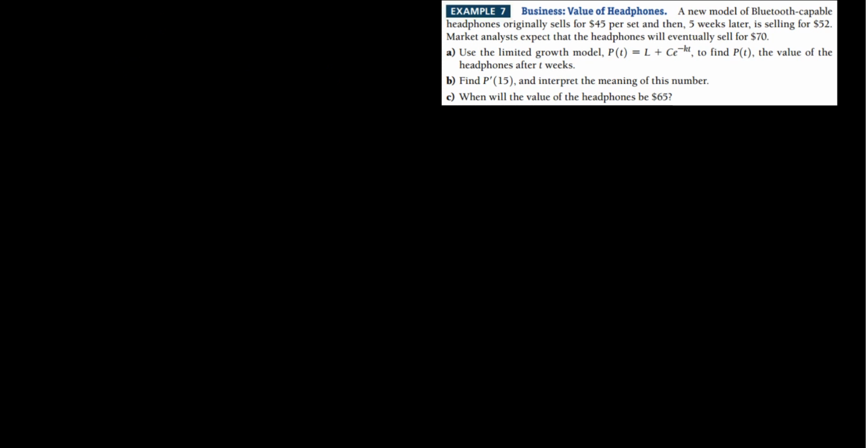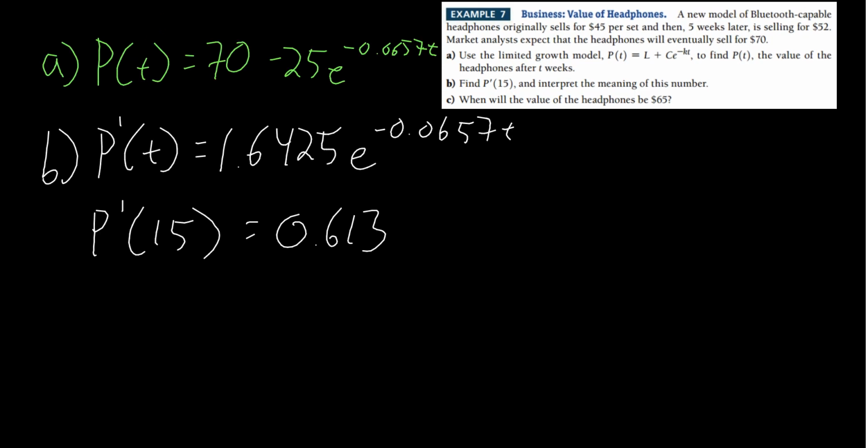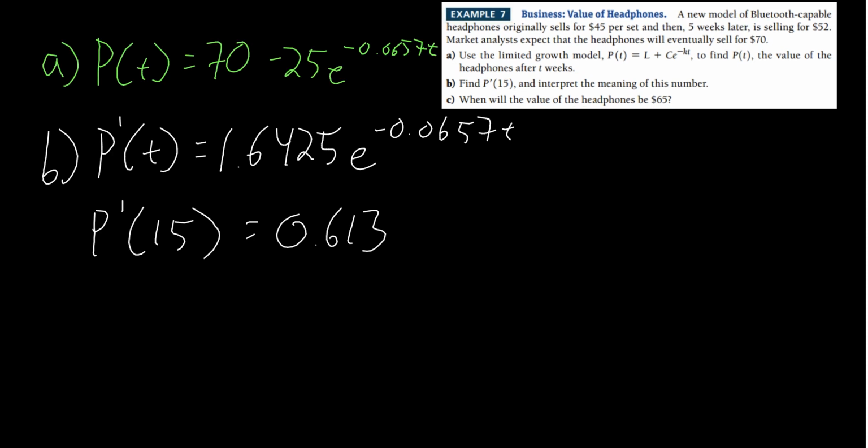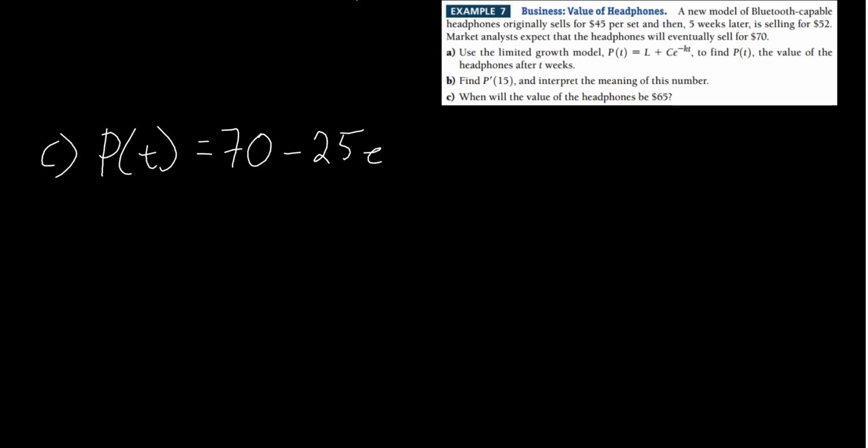So let's go ahead and write this equation: p of t is equal to 70 minus, I think it was, 25 times e to the negative 0.0657t.